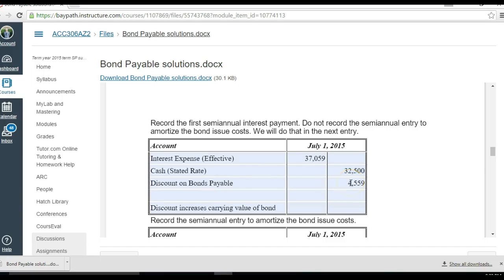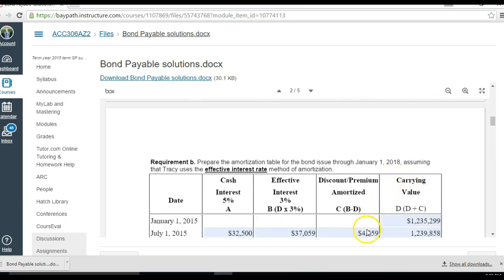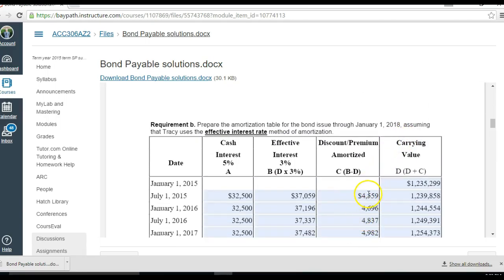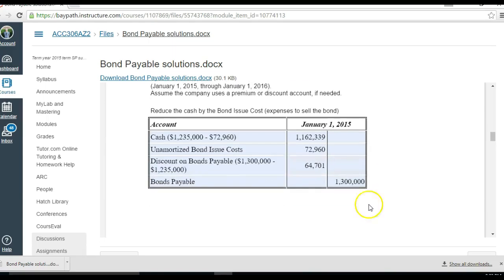Discount on bonds payable is right here in your schedule, the $4,559. It's being amortized. So we book it as a credit, which is a contra liability.